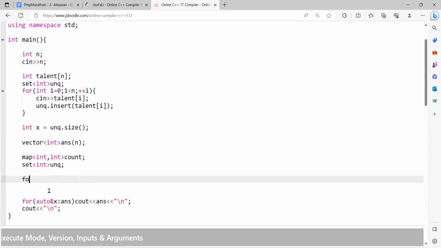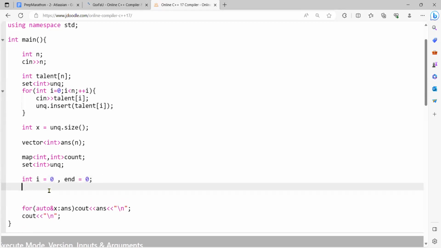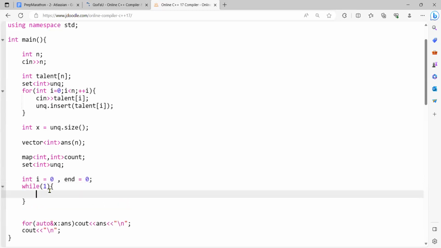So there need to be two things: my current index is i, and what is my endpoint. For the first index, I am finding this endpoint. The endpoint is the place where I get all the talents for the first time. So while loop, I'll get this talent.